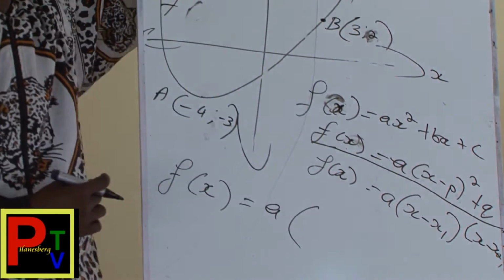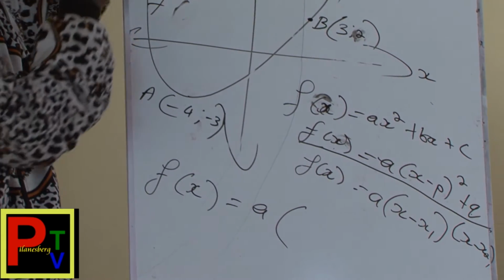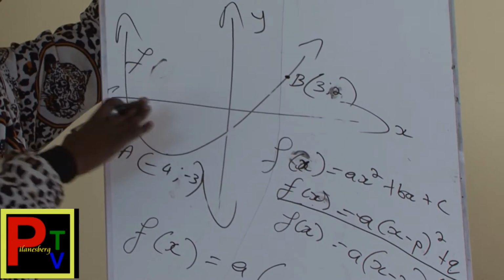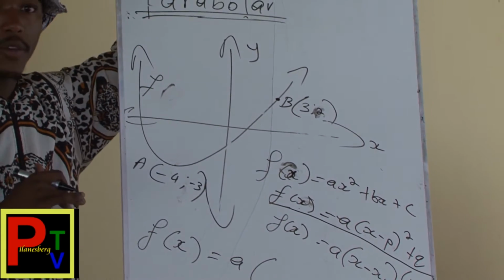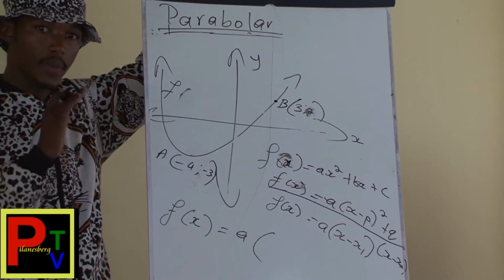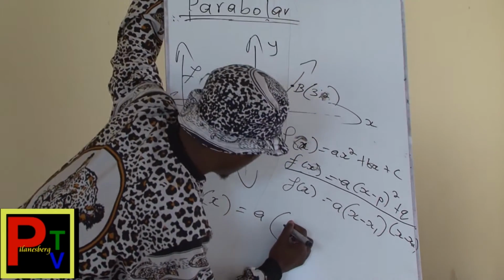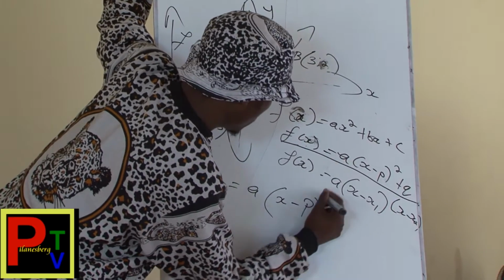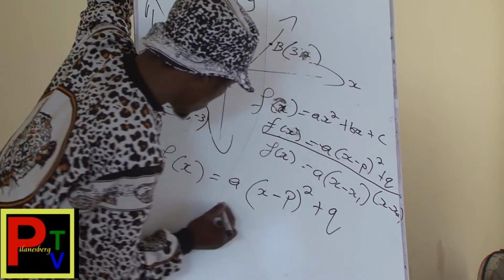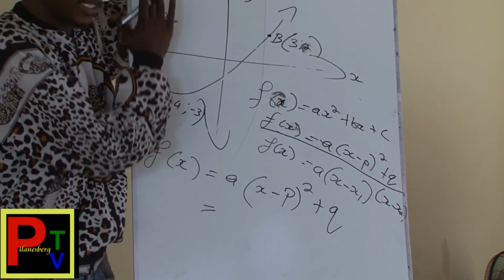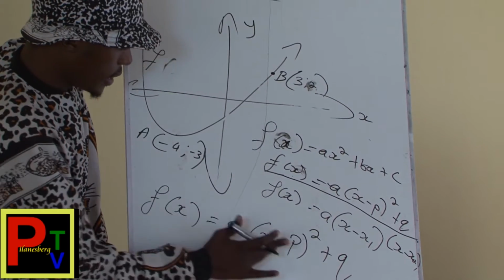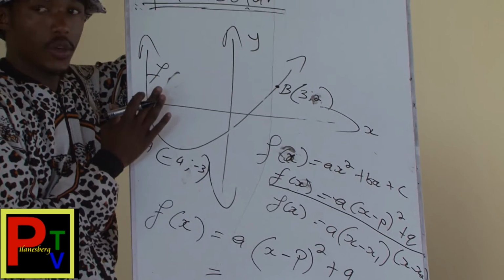How do we get the value of a? We know the shape here, so our a must be positive. If our a is negative, it means there's something wrong. We use a(x minus p) squared plus q and substitute everything in here. We set the y and the x from the point we are given.